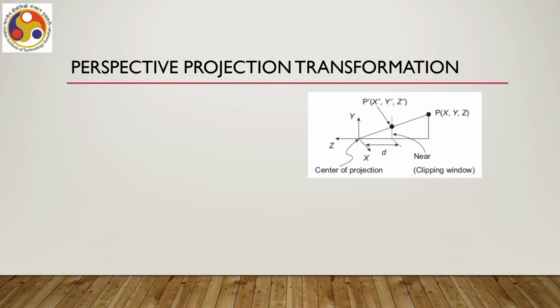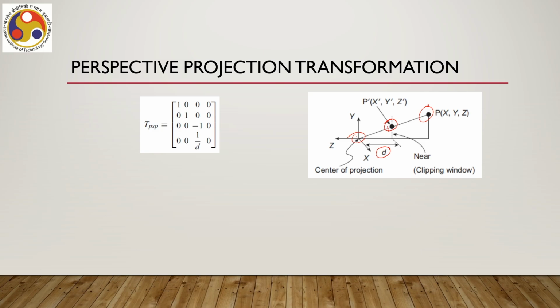What about perspective projection transformation? We have a point here, we want to project it on the clipping window here, and D is as usual the distance of the window from the view coordinate origin. Here D is the distance of the window from the center of projection. Now, the center of projection may typically be assumed to be at the origin, so accordingly the setup can be made.